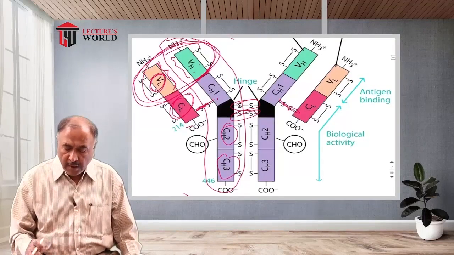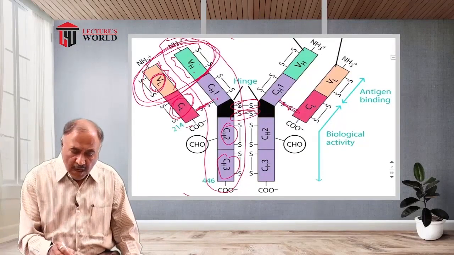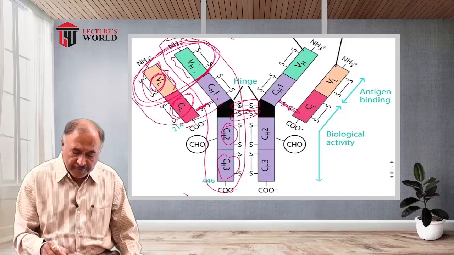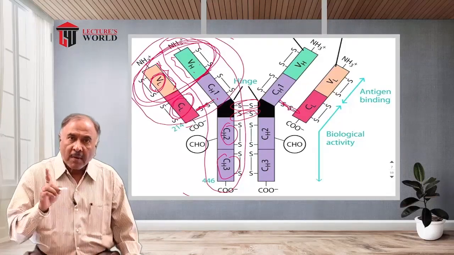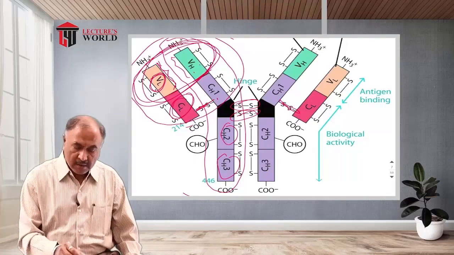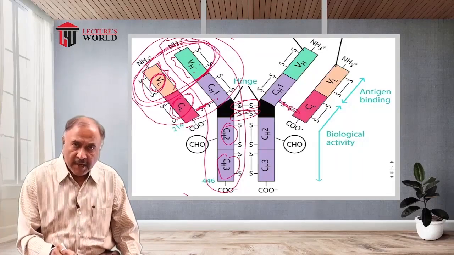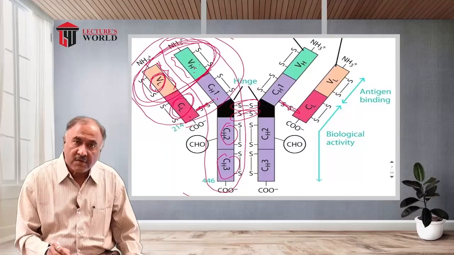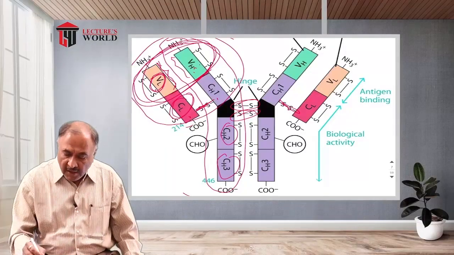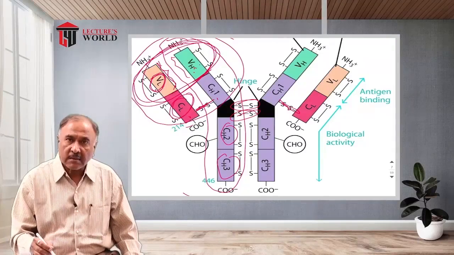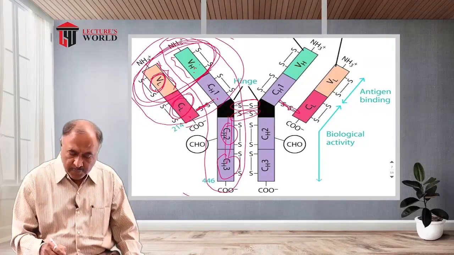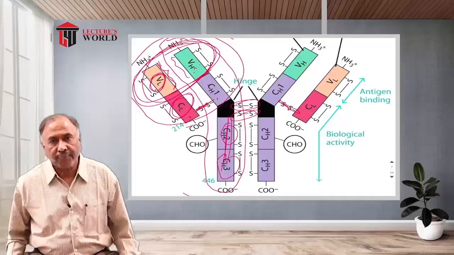Now, these two arms, which consist of variable light, variable heavy, constant light and constant heavy 1, plus these two, form the complete structure.